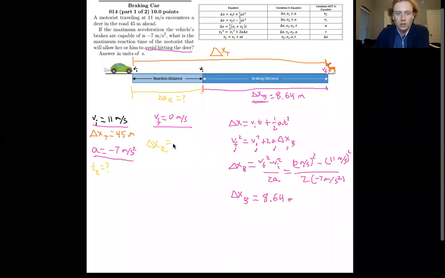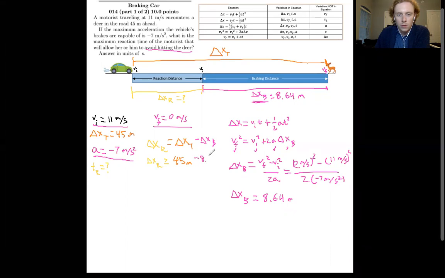This total distance minus the braking distance, which means that delta x r equals 45 meters minus 8.64 meters.